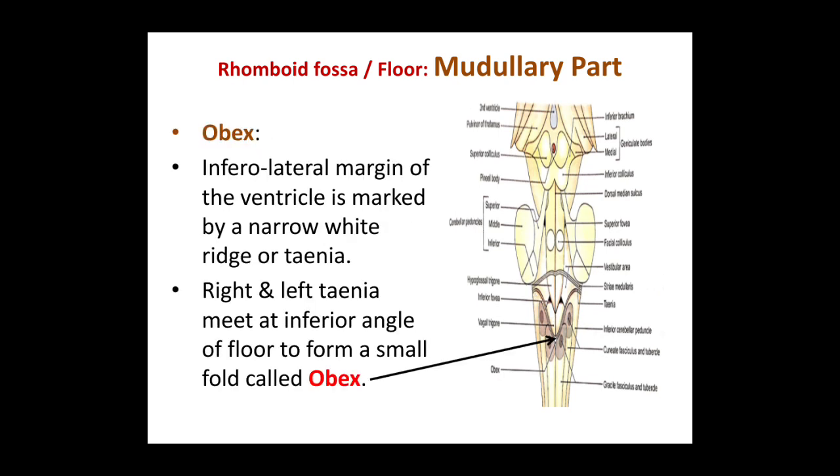Obex: the inferolateral margin of the ventricle is marked by a narrow white ridge or taenia. Both the right and left taenia meet at the inferior angle of the floor to form a small fold called the obex. With this, we have completed the floor.